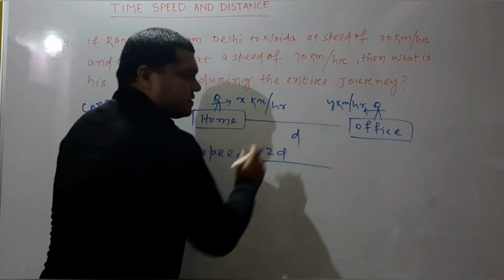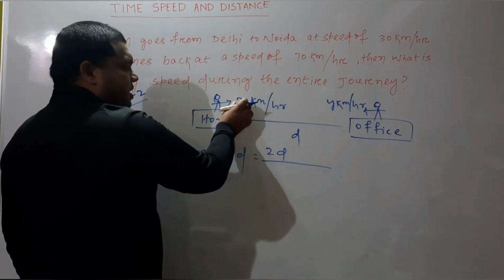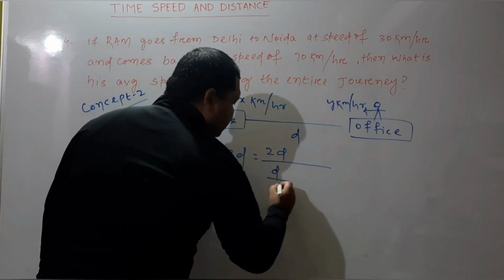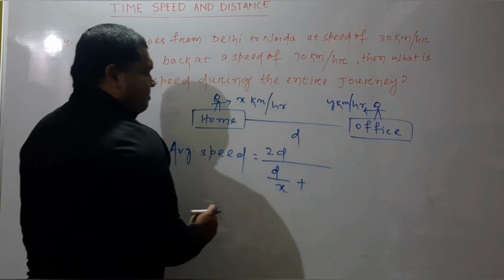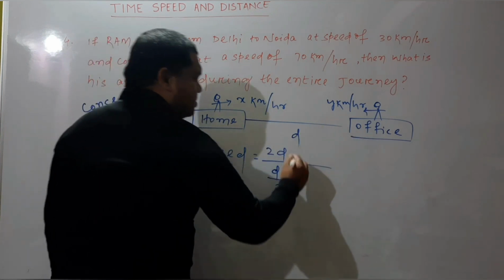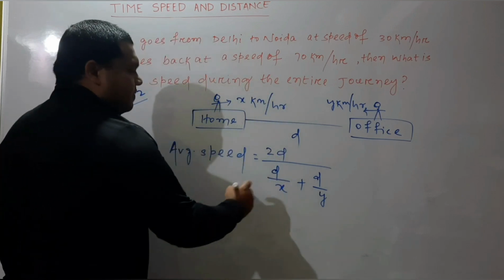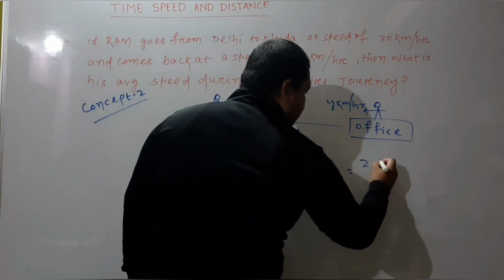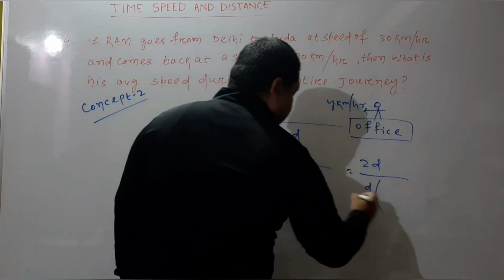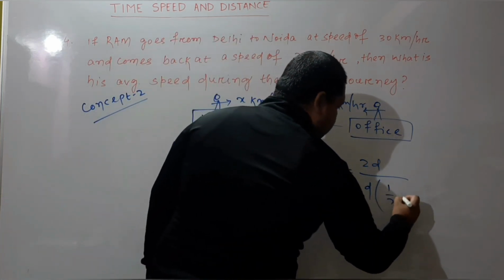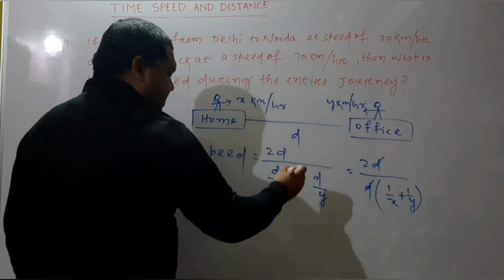From home to office, distance is d and speed is x km per hour, so time taken is d divided by x, plus from office to home, distance is again d but speed is y km per hour. Now simplify this. It can be written as 2d divided by, if you take d as common, 1 by x plus 1 by y. d gets cancelled. So simplify this one.